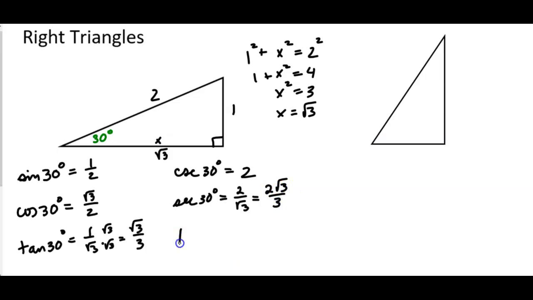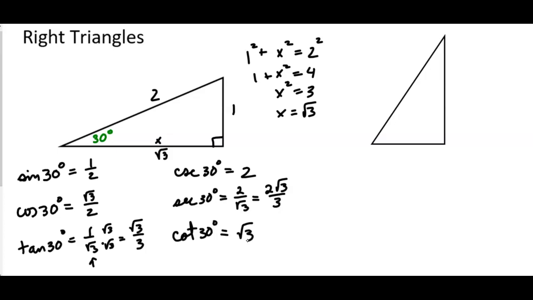Cotangent 30 degrees is going to be the reciprocal of tangent. If I take it before I rationalize, it'll be easier, and that gives me the square root of 3. So I can find all my trigonometric functions that way just by using the right triangle and those ratios that we already talked about.